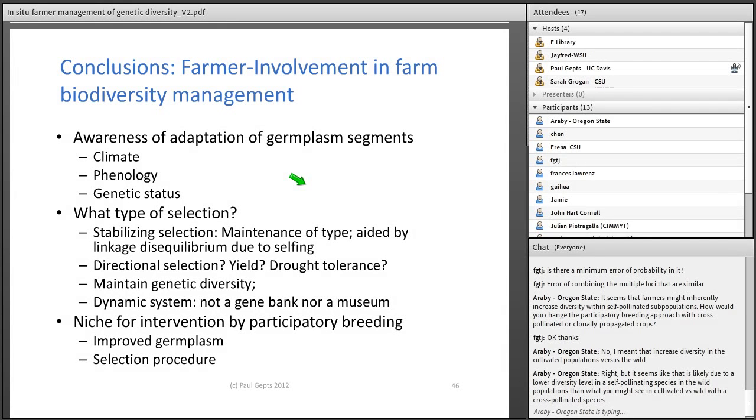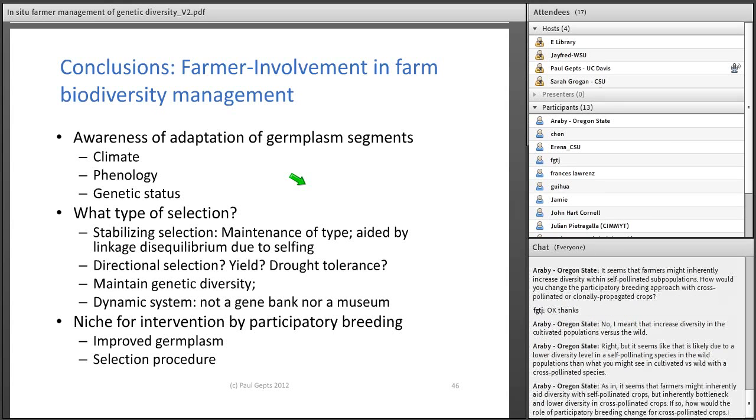The question is about farming might inherently increase diversity within self-pollinated subpopulations. I thought it was just the opposite, that it's more of a challenge to increase diversity in self-pollinated populations compared to cross-pollinated.